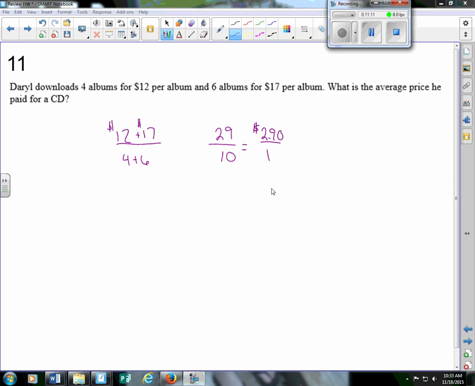And that's where I made my mistake. I even said total over total. Well, if we go back, we have 4 albums for $12. That means it's $48 for those plus 17 times 6, we get 102.